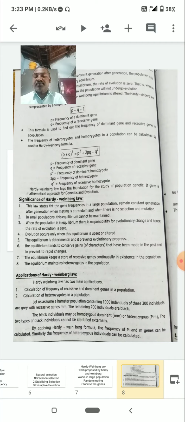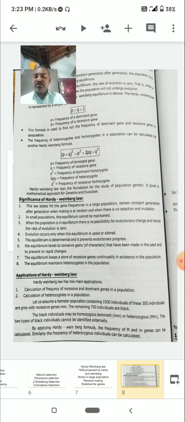The Hardy-Weinberg law is represented by the simple formula p plus q equal to 1, where p is the frequency of the dominant gene and q is the frequency of the recessive gene. This formula is used to find the frequency of dominant and recessive genes in a population. The frequency of heterozygous and homozygous individuals can be calculated by another Hardy-Weinberg formula, (p plus q) whole square equal to p square plus 2pq plus q square.